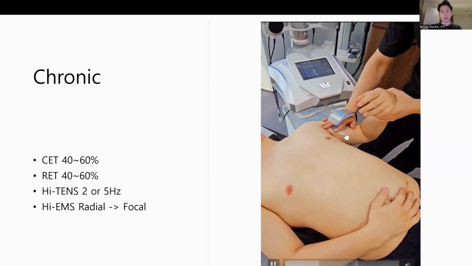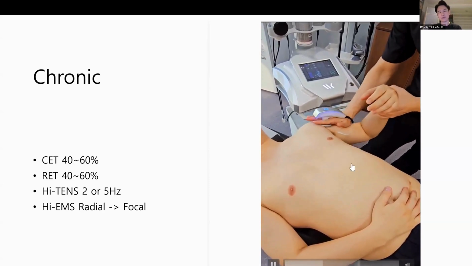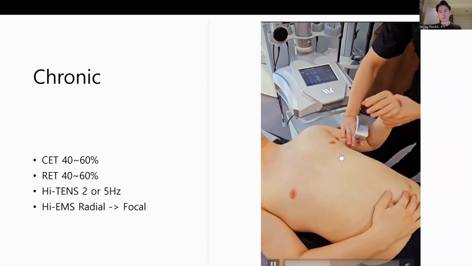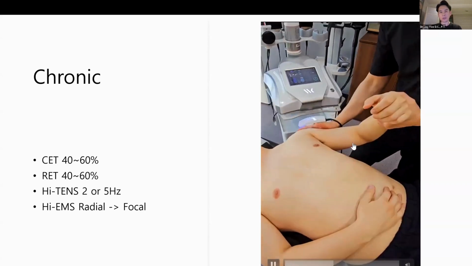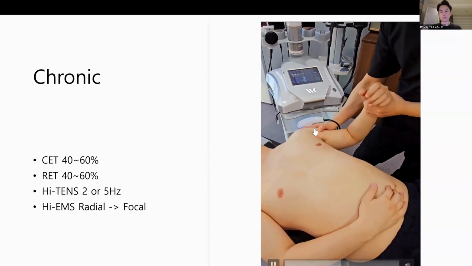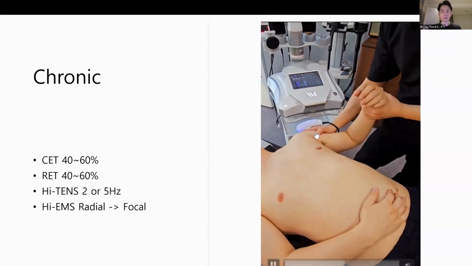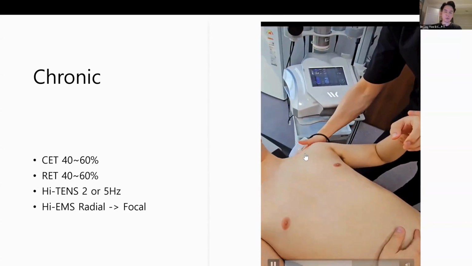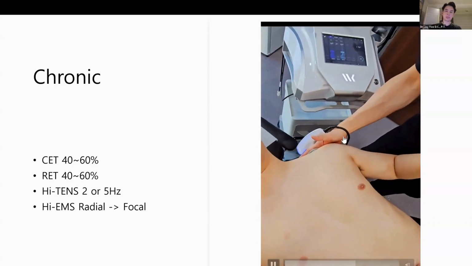Bicep is a really good part for the tension of the front shoulder. So I apply the EMS, and then I apply it to the deltoid, rotator cuff and deltoid. After that, I apply it to the supraspinatus.